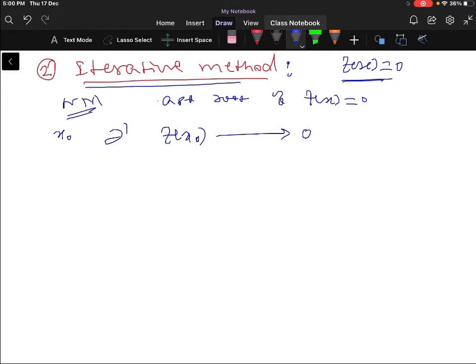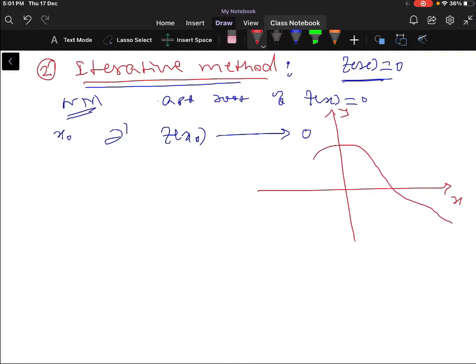Let us draw in the coordinate system. So this is the x-axis, this is the y-axis. So we take a curve here. This is y is equal to f of x.